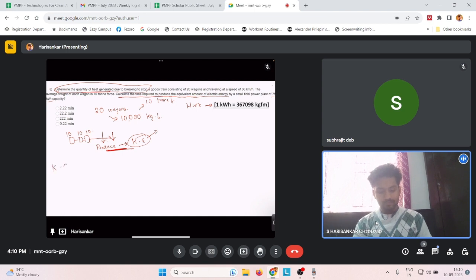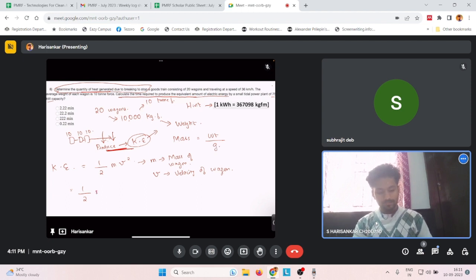So how do we do that? We first calculate this kinetic energy. Kinetic energy can be calculated by half m v square, where m is the mass of the wagon, v is the velocity of the wagon. So let us try to do this. Half m. So this is basically weight, not mass. So how do we find mass?